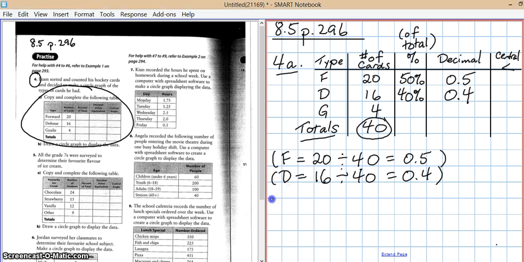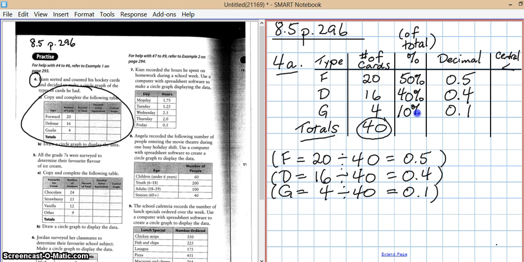The next are the goalie cards. It's 4 divided by the total number, which is 40 cards. When you punch that into your calculator, you get 0.1. So I jot that down on the chart up here, 0.1 or 10%.